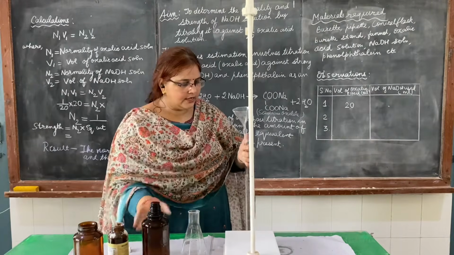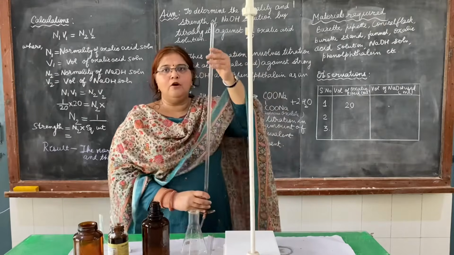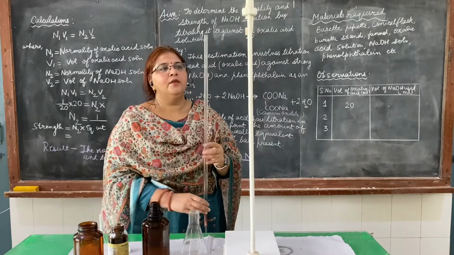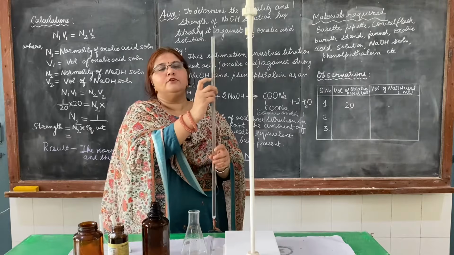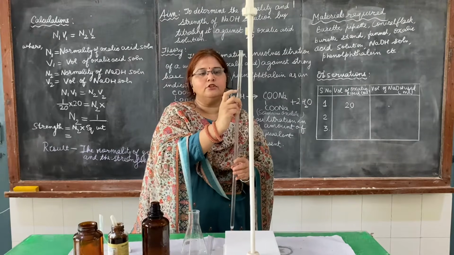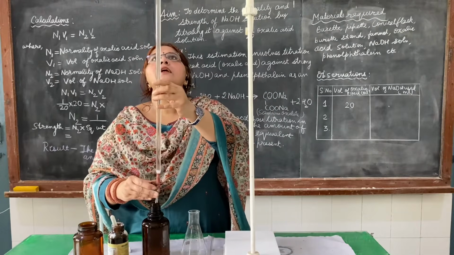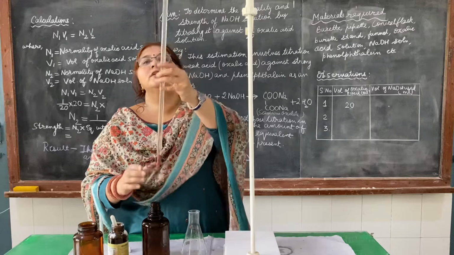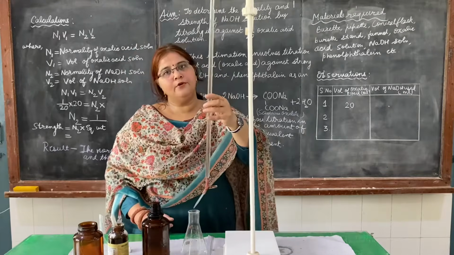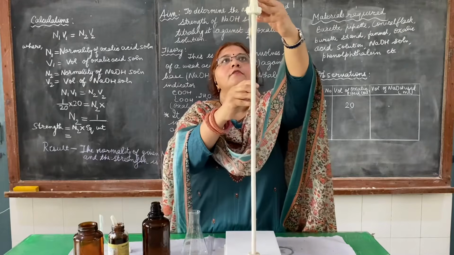This means in this burette, I have taken 50 ml of NaOH solution. If it is above the 0th mark, drain off the excess NaOH solution and fill the burette with NaOH solution just up to the 0th mark. Now put it over here.